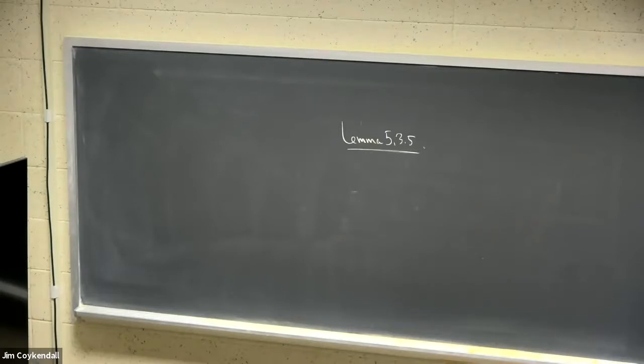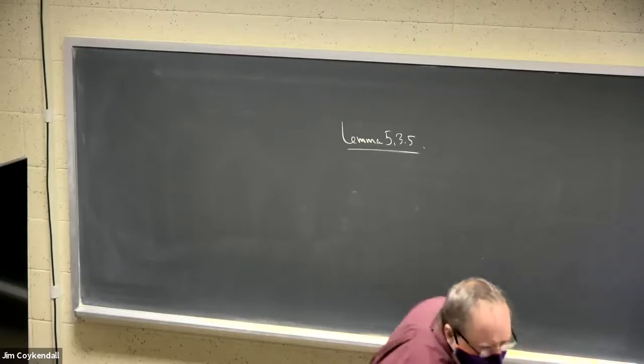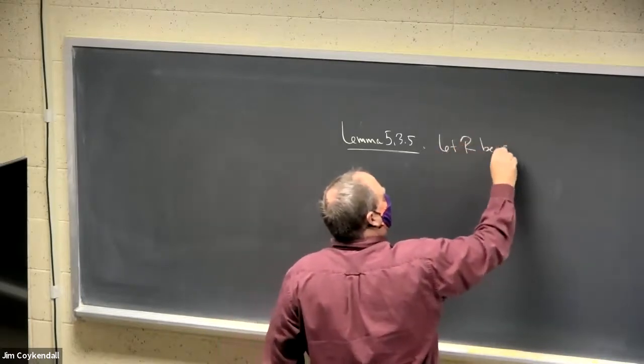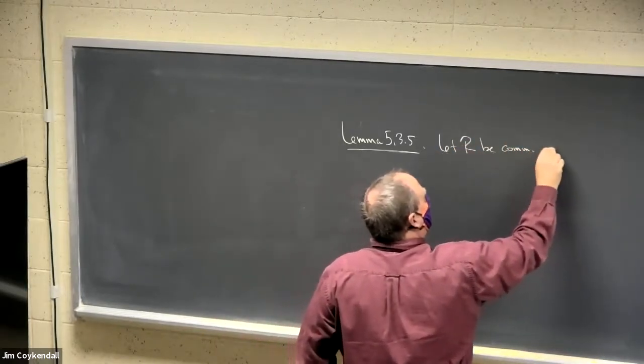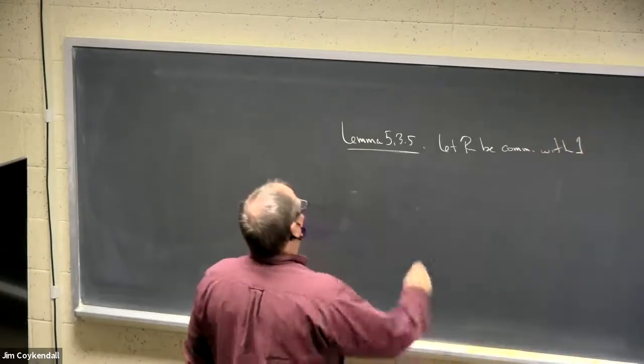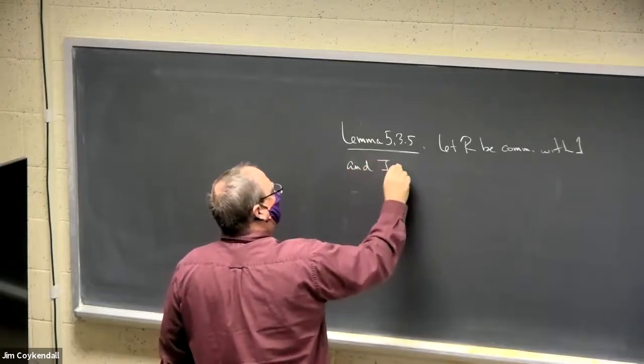By the way, throughout all this, you can assume that R has a 1 unless I specifically tell you otherwise. My default is rings will have 1 unless I specify otherwise. And R.